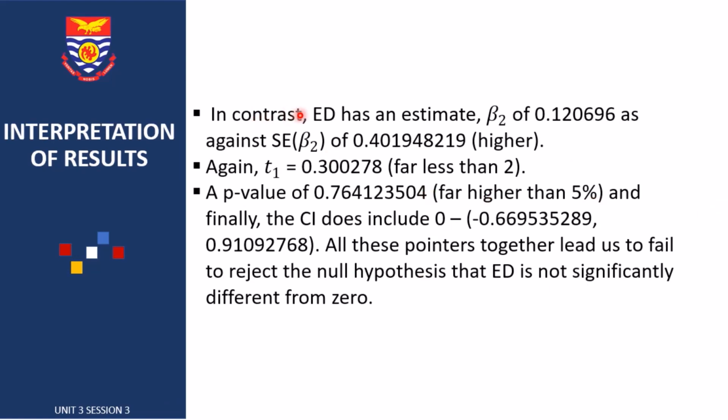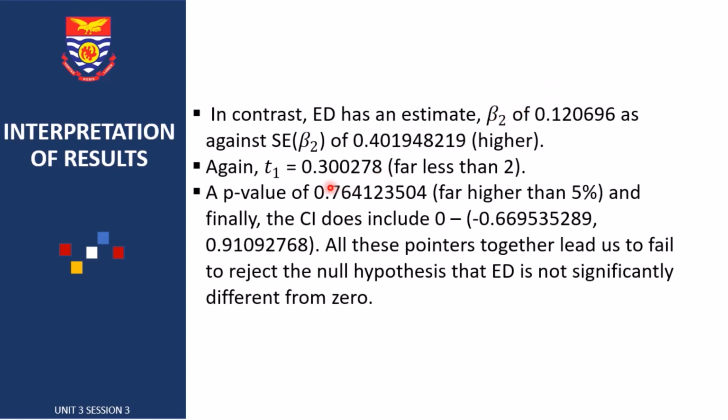In contrast to the income that we had earlier, the education, or the ED, has an estimate of 0.120696 as against a standard error of the beta coefficient of 0.40194821, which indicates that our standard error is even higher than our estimate coefficient.